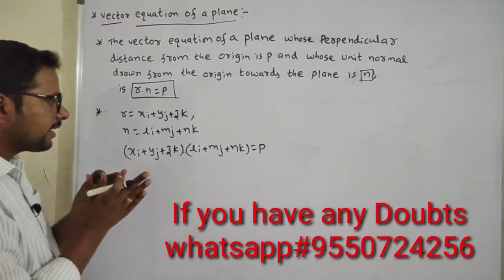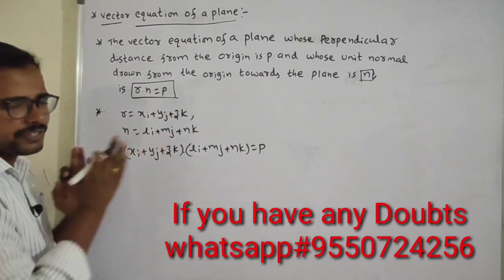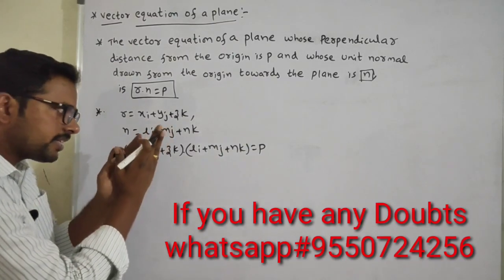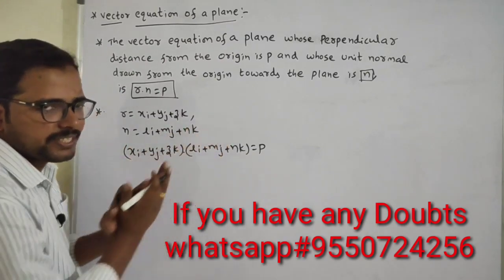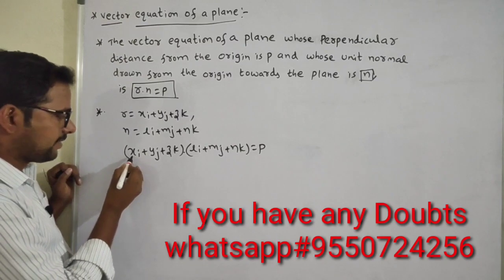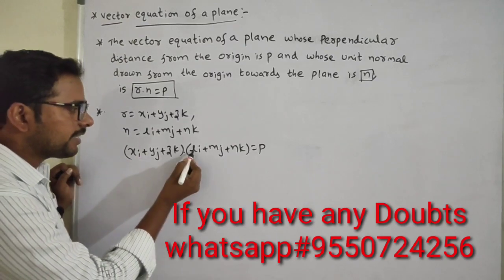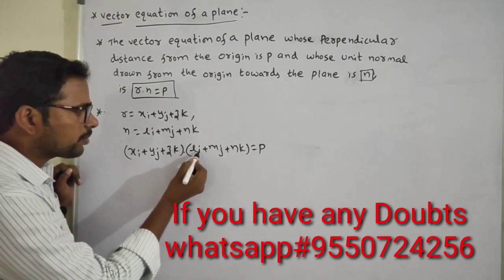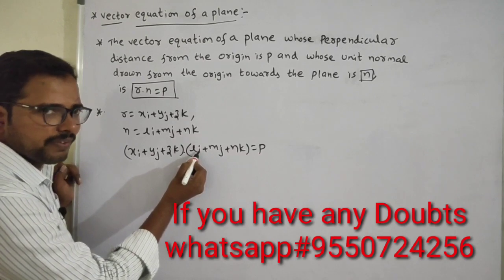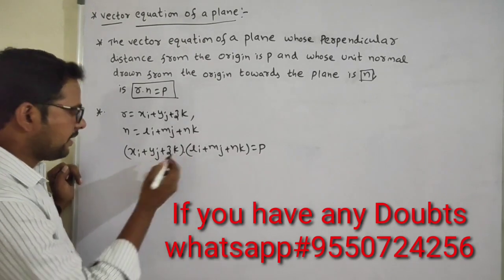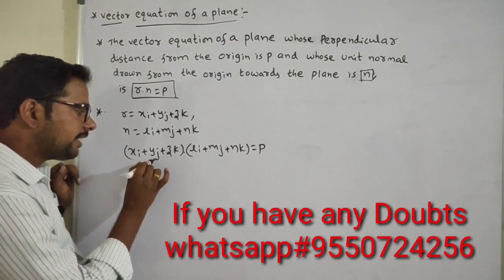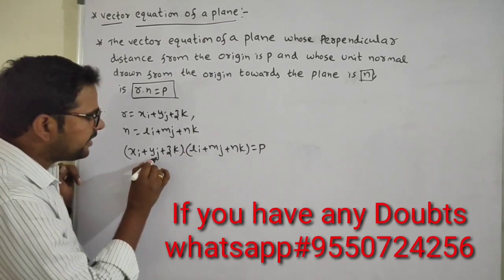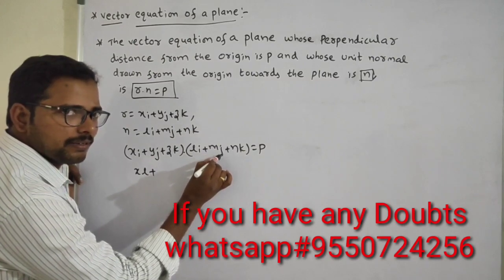For the dot product, take the I coefficient into the I coefficient, next the J coefficient into the J coefficient, and the K coefficient into the K coefficient. The I coefficient here is x and there it is l. I dot I is equal to 1. So we get x into l, xl, plus the J term into the J term. J dot J is equal to 1. Okay?